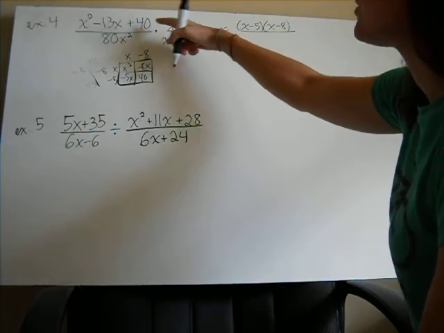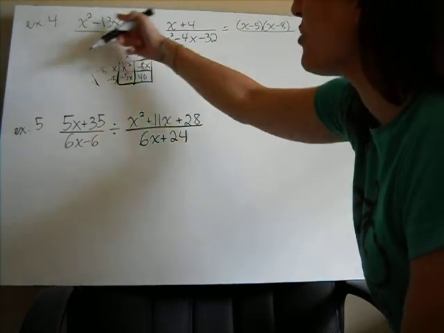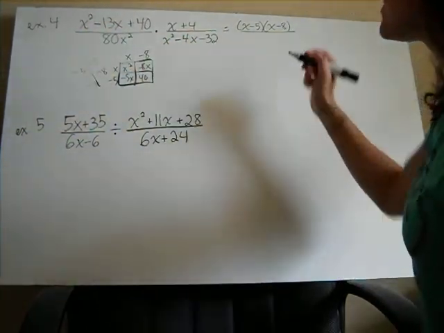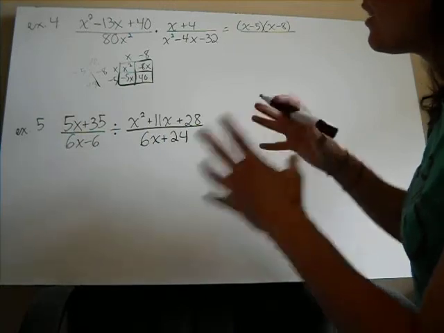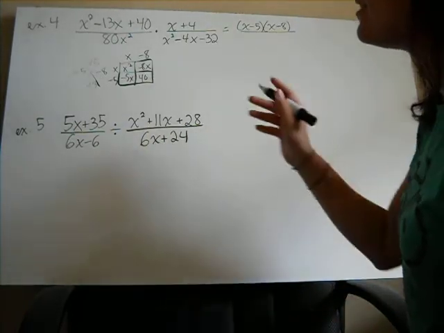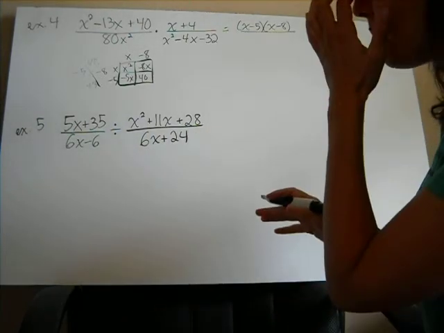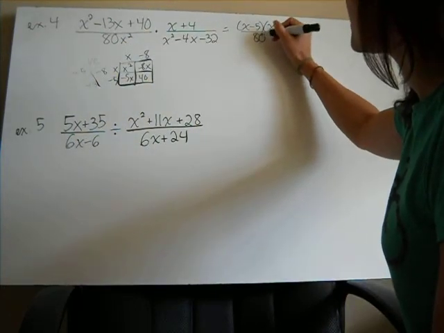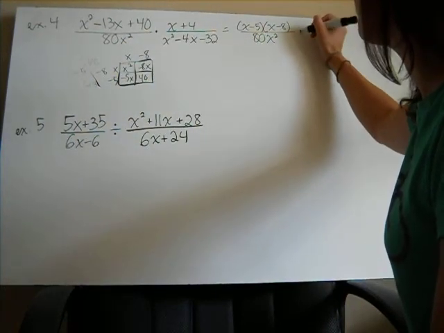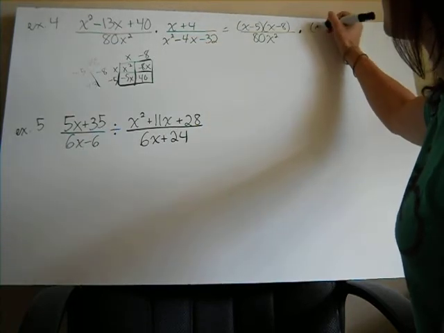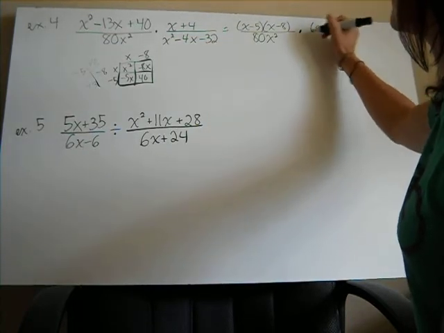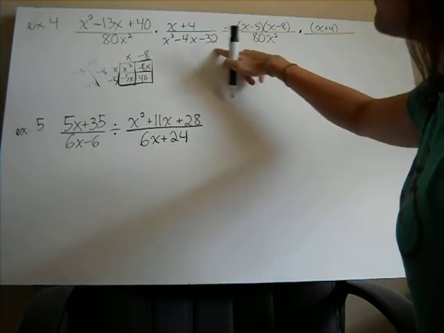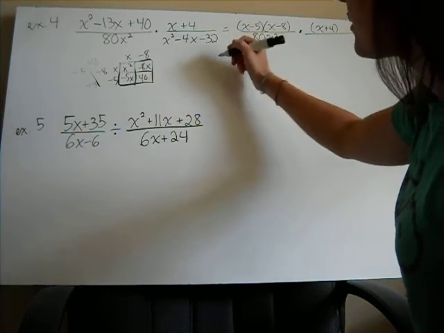Alright, now that's just this numerator here. That's the problem with these problems, they can be a lot of work, and if you mess up factoring, you can mess up the whole problem. Fortunately, we have a monomial here, so we can just leave it alone for right now. That's 80x squared. Over here, x plus 4 is a linear factor by itself, so it's fine. We have another quadratic, so we need to factor that.